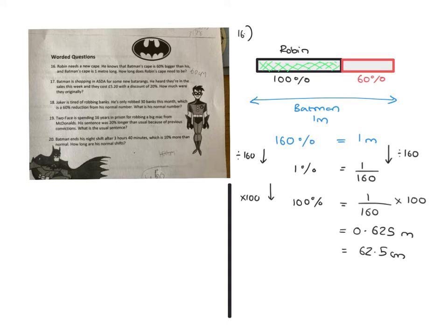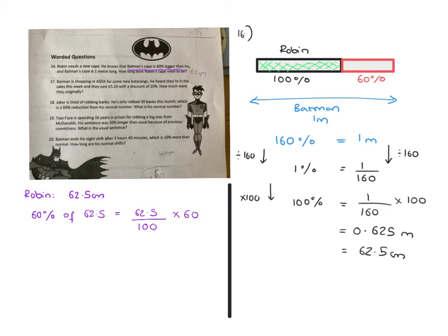Now we can check that our answer is actually correct, because if we are saying that Robin's cape is 62.5 centimetres, we know from the question that Batman's cape is 60% bigger than Robin's cape. So if we work out 60% of 62.5, there are lots of different ways in which we can do that. 62.5 divided by 100 is 1%.